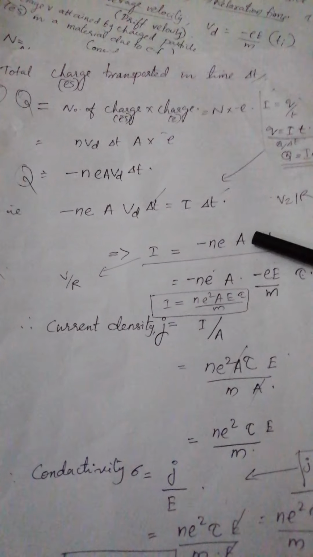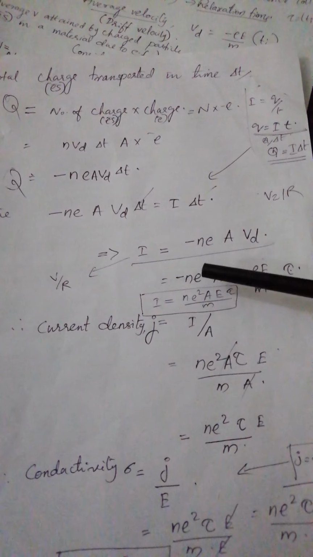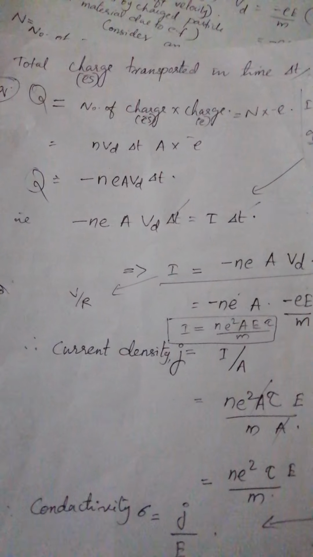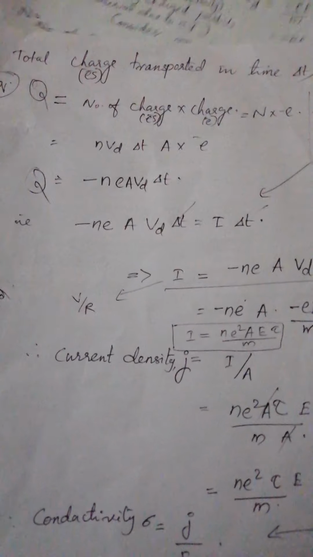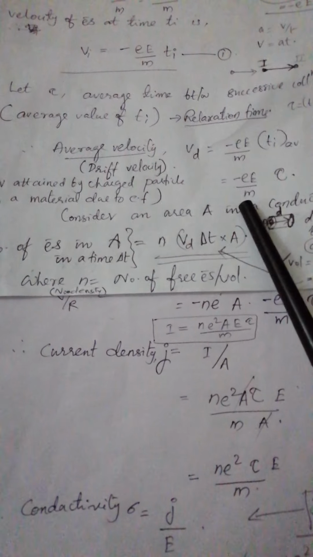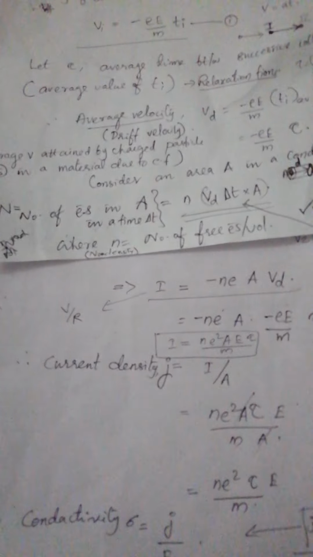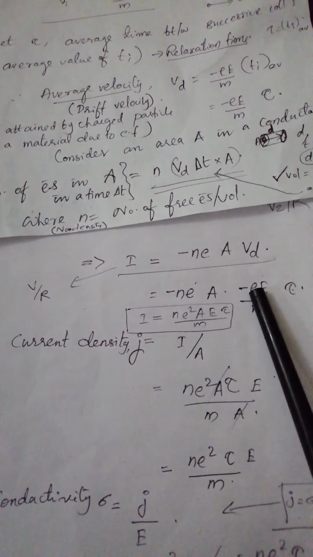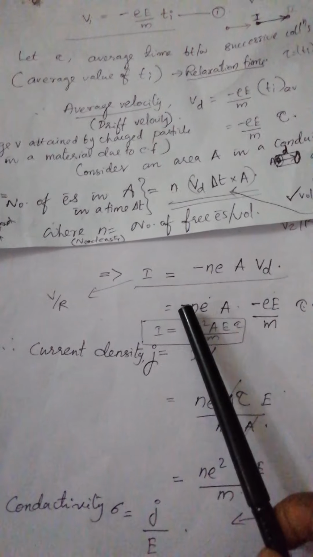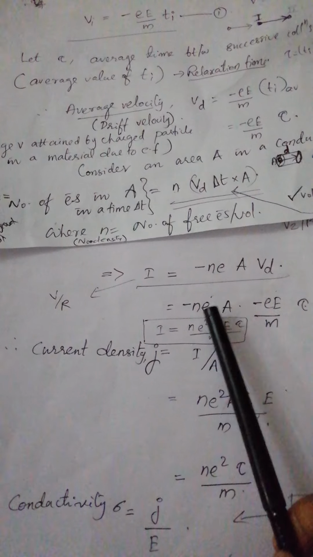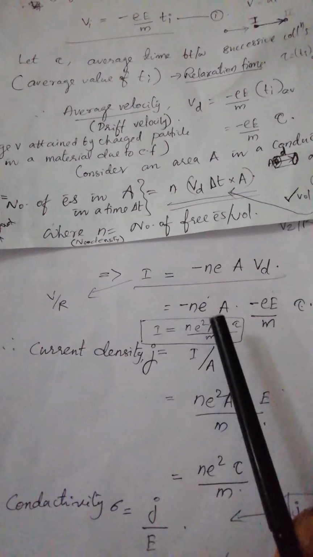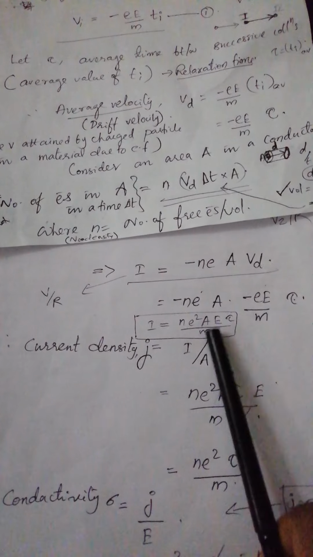And this equation we can change like this: minus NeA, instead of Vd we can write, we have already developed one equation for Vd, minus eE by m into tau, that we are putting here. So it is minus of minus plus, so we will get N e square, A is there, E is there, and tau is there, divided by m.